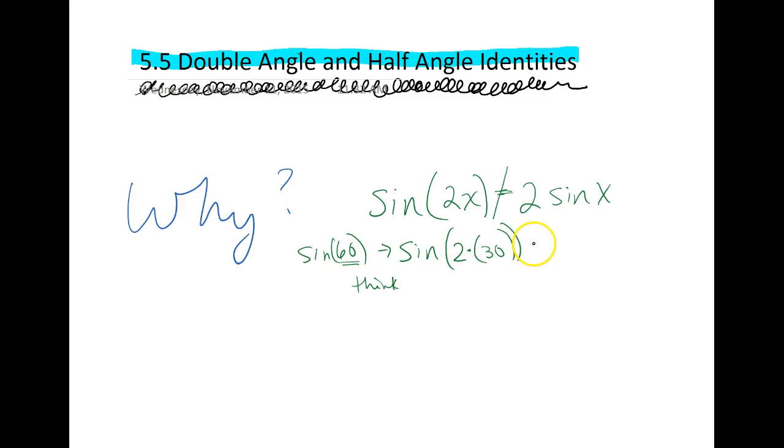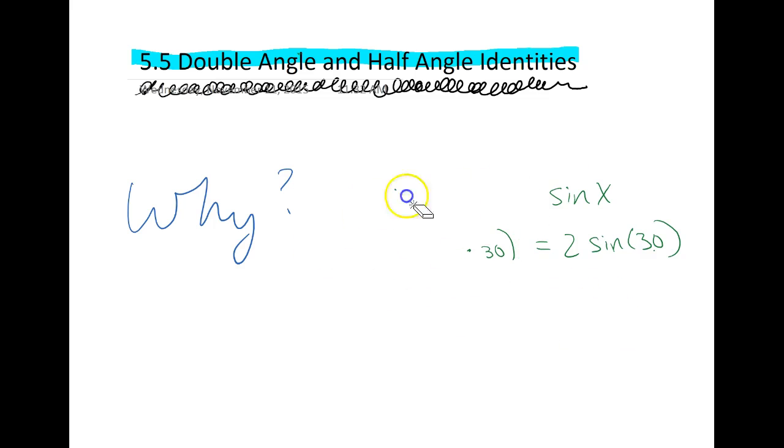And if you wanted to see if it was equal to just 2 times the sine of 30, you could do that, but what you're going to find out is that the sine of 60 is root 3 over 2. But if I did this, I'd be doing 2 times the sine of 30, which is 1/2. So does the square root of 3 over 2 equal 1? Well, no, it doesn't. So you have to be really careful with this and get it out of your head that you can just double the whole answer. That's not how this works.